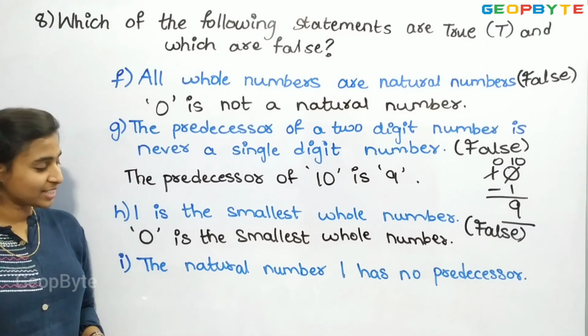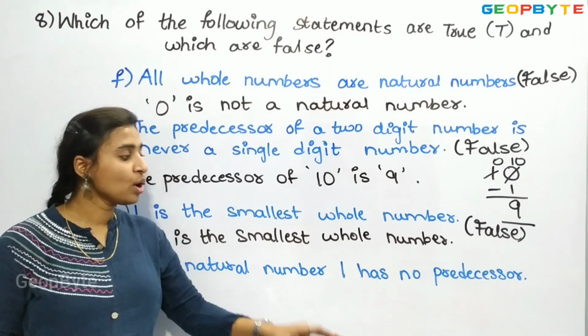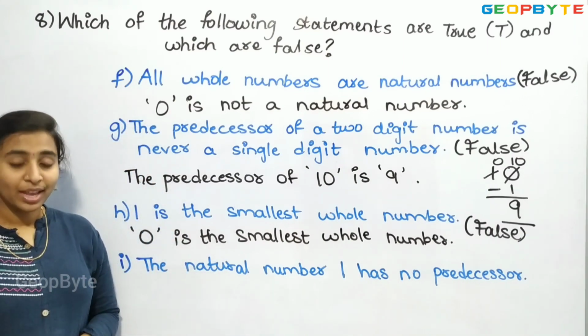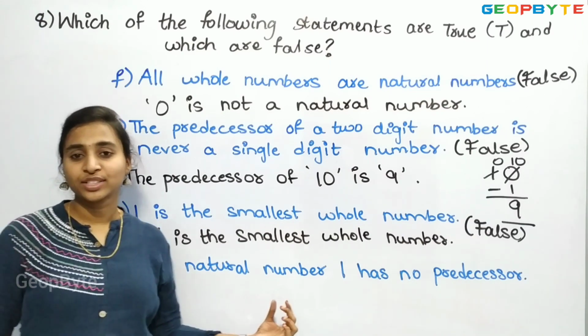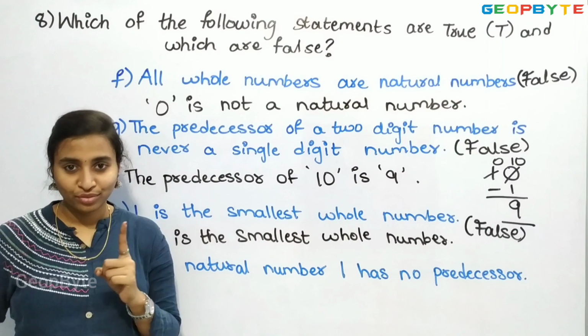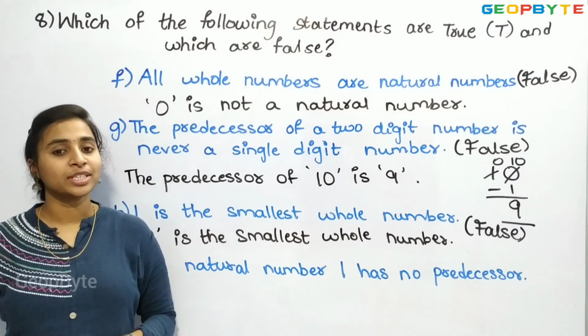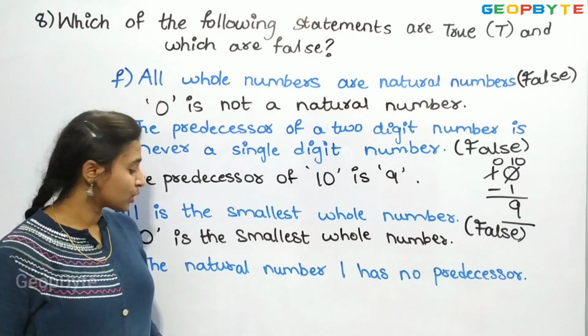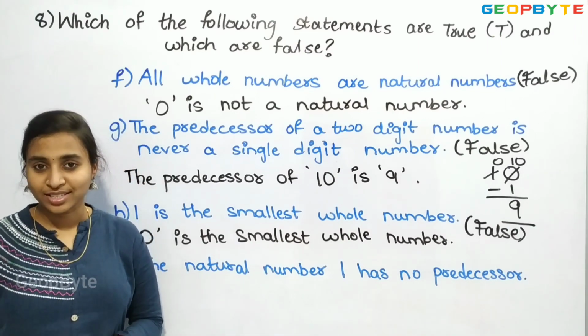Now let us see the next one. The natural number 1 has no predecessor. Here they have given natural number. Since natural number starts from 1. Right? Natural number starts with 1. So, it is given the natural number 1 has no predecessor.